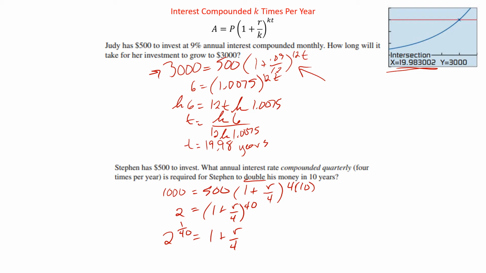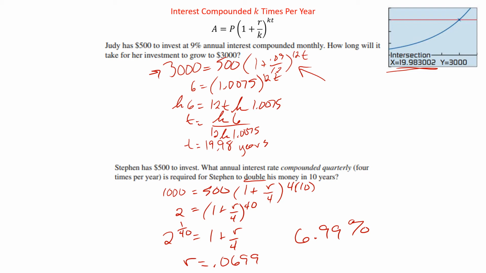I mean, this is all calculator stuff at this point, but we multiply by 4 then to get r is going to equal 0.0699, which would be 6.99%. So if he has a 6.99% interest rate compounded quarterly, he should double his rate in 10 years.